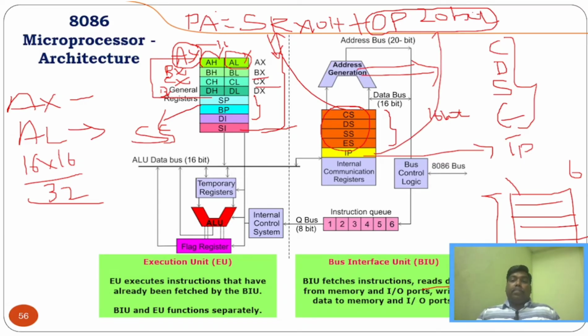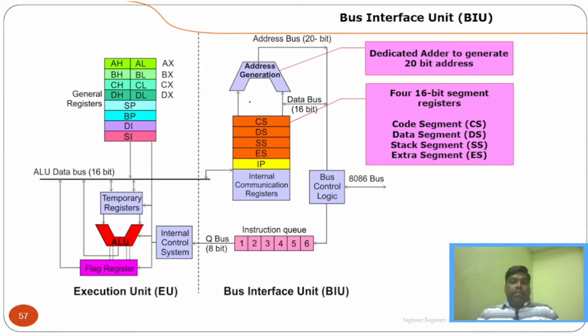Whenever it uses DS, it will use SI as the offset pointer, and whenever it uses ES, it will use DI as the offset pointer. Similarly, whenever it uses SS, SP and BP will act as the offset pointer. This is the overview of both the bus interface unit and the execution unit.